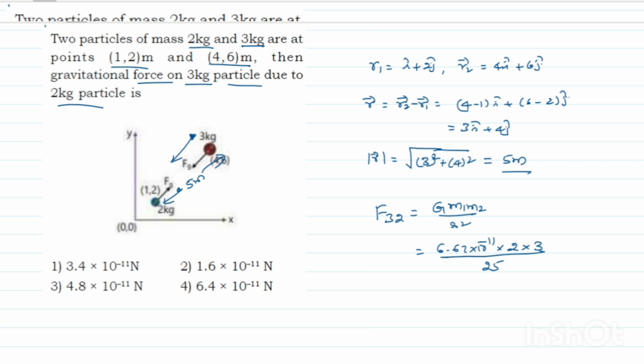Now you have to simplify this value. 2 into 3 is 6. F32 will be nearly 1.6 into 10 power minus 11 newtons when you simplify this value.